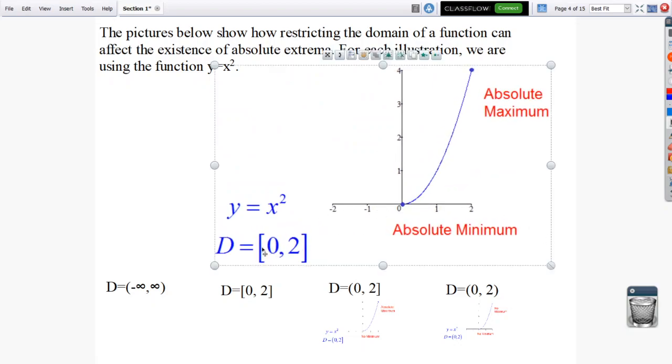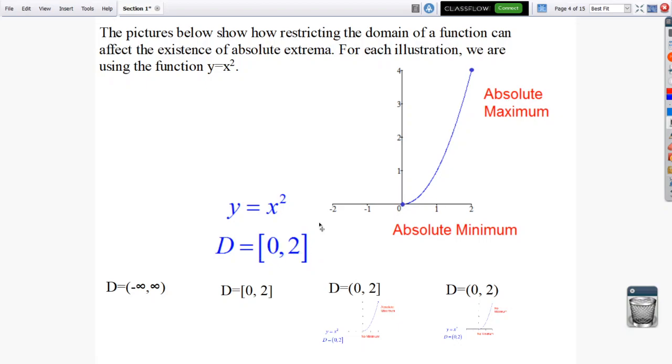Because I limited the domain, remember the definitions from the previous page indicated that for a value to be an absolute maximum, the values on the domain of the function have to all be smaller than it. So look in here, I can achieve my absolute maximum and my absolute minimum if I have this closed interval.